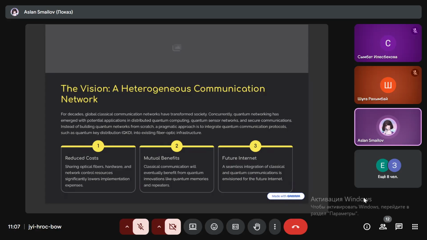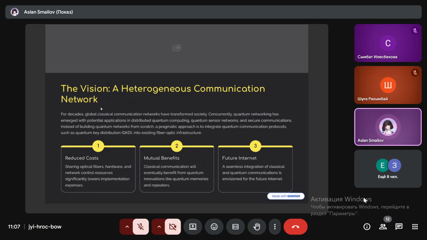Instead of building quantum networks from scratch, a pragmatic approach is to integrate quantum communication protocols such as quantum key distribution into existing fiber optic infrastructure. Okay, as I said before, it's easier to build on the foundation that we have right now.